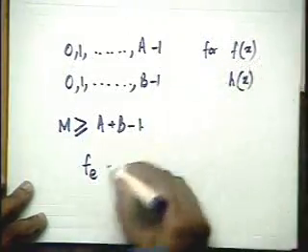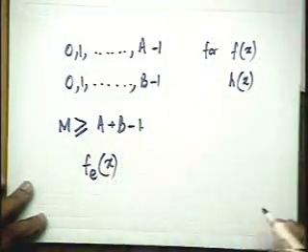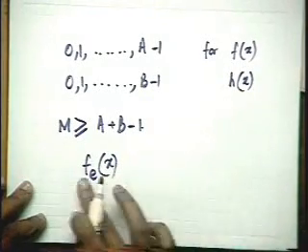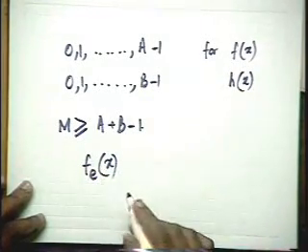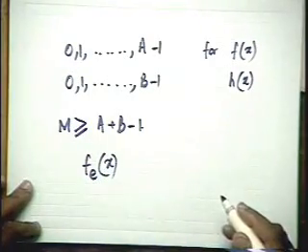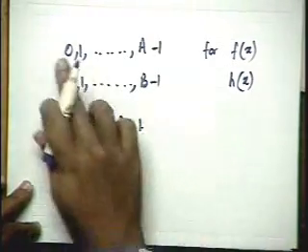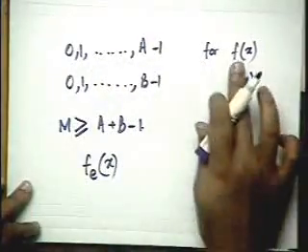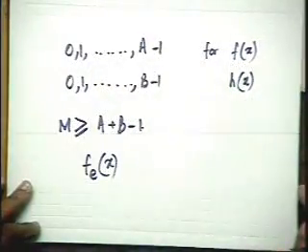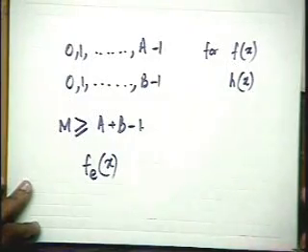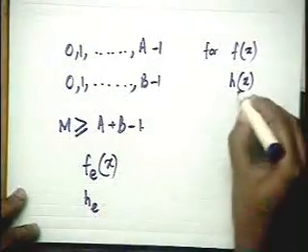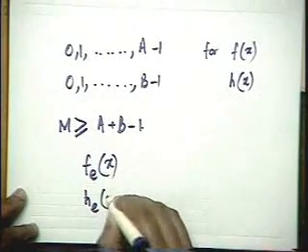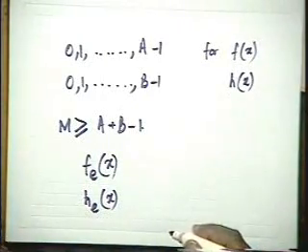Let us call the extended function of f of x as f suffix e of x, where the extended function f e of x has capital M number of samples, where capital A samples are directly the samples from f of x, and the remaining M minus A samples are zeros. And very similarly, we consider the extended impulse response function as h e of x.